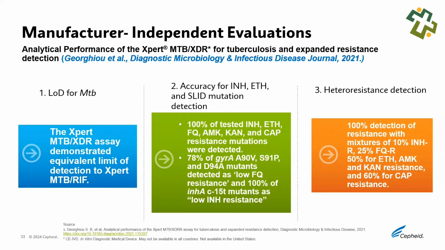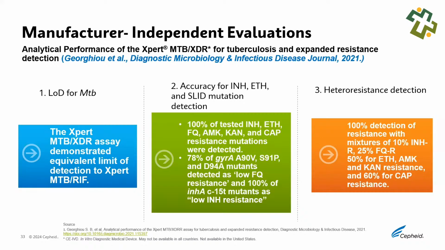This supports its role in rapid expanded drug resistance profiling. And remember, because GeneXpert is automated PCR, you can run it from almost wherever. So it remains superior in the sense that it's going to give you the results that you need, which inform your clinical decision and the treatment that you must give that particular patient.